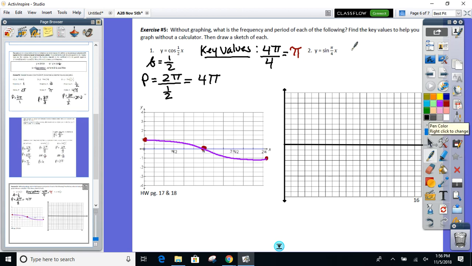What is my frequency for number 2? Pi over 4. You and your partner find the period for this one.